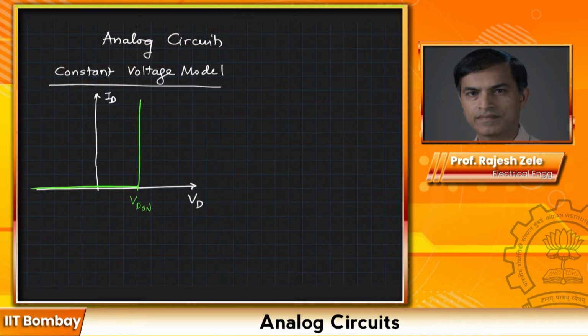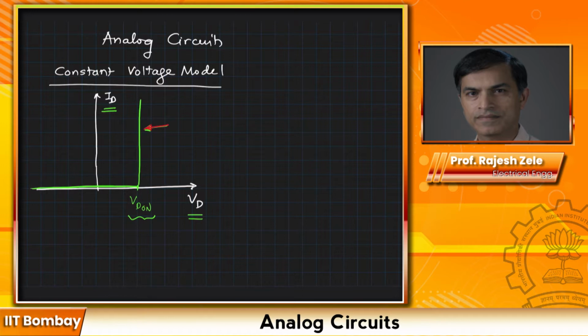I would like you to exercise: what is the resistance of the diode in this particular case? So this is the visual model of the diode. For voltage VD across the diode, you get current ID flowing through the diode, only when the voltage across the diode is beyond VD on. What do you think is the resistance of the diode in this particular region?